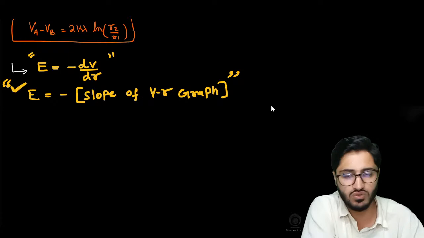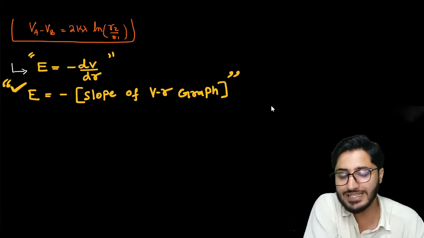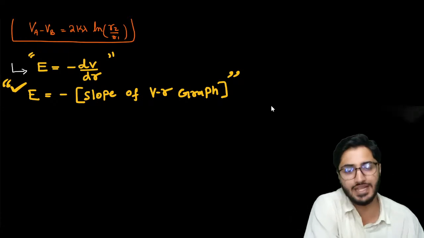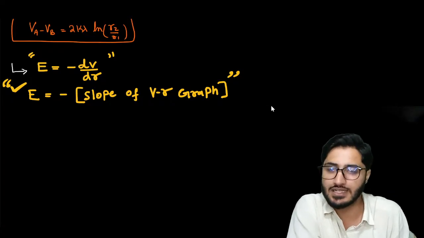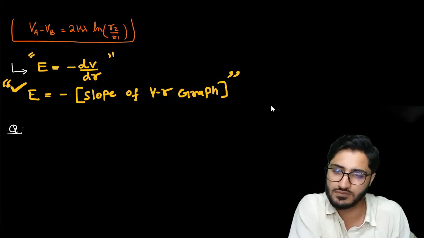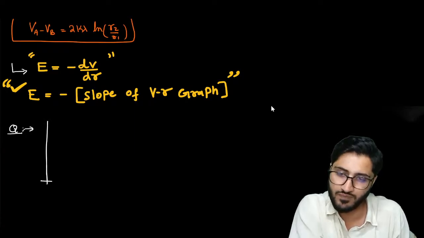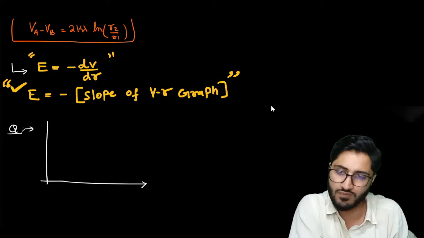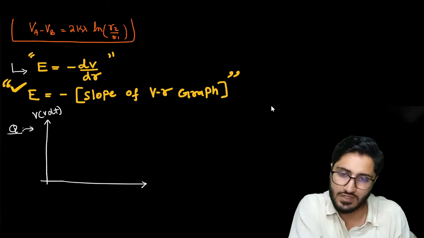Sir, how do we manipulate these questions? Let us take a simple question. The vertical axis is V in volts and the horizontal axis is X in meters.